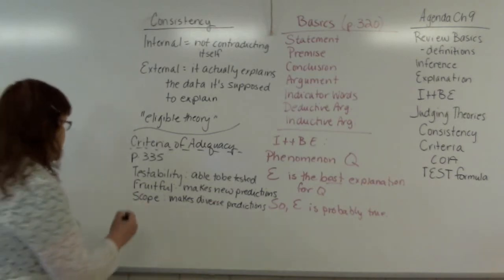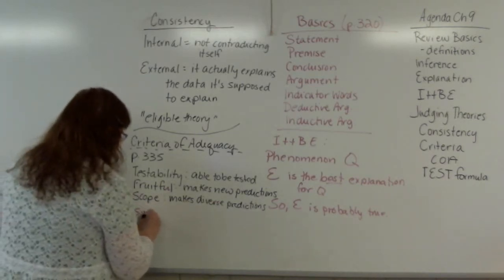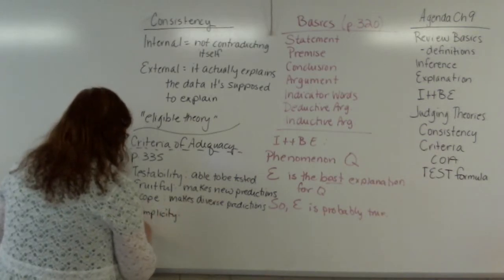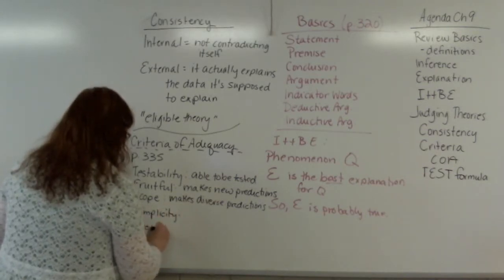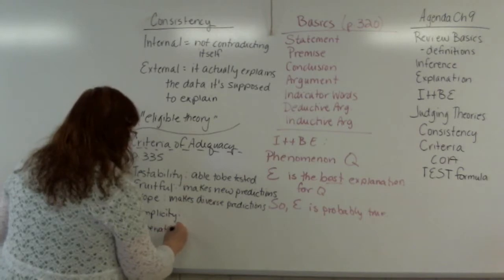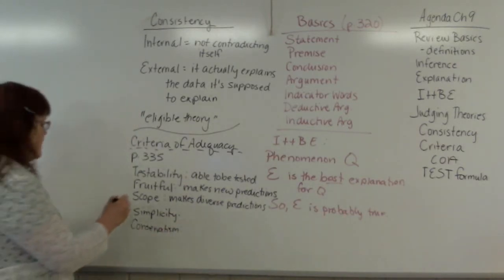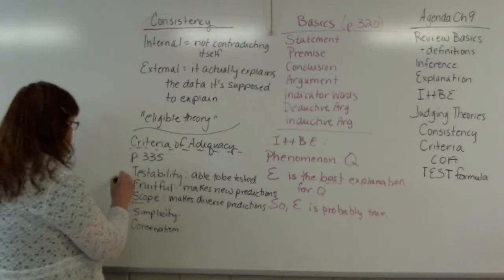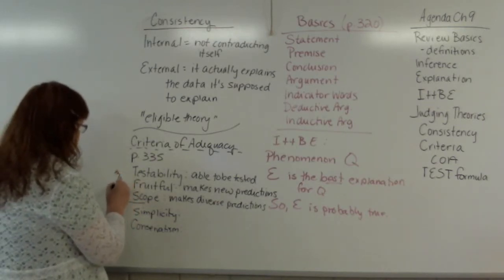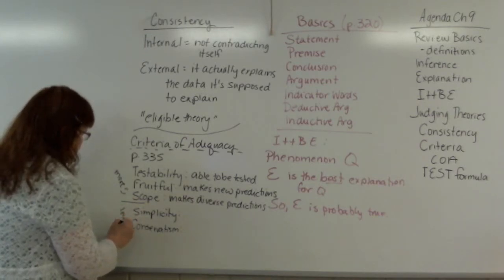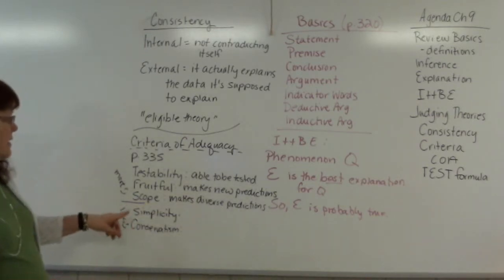The last two, simplicity and conservatism, we're looking at keeping these numbers low. Okay, I'm going to get to that in just a second. These, more is better. These, less is better. Okay, so keep that in mind.